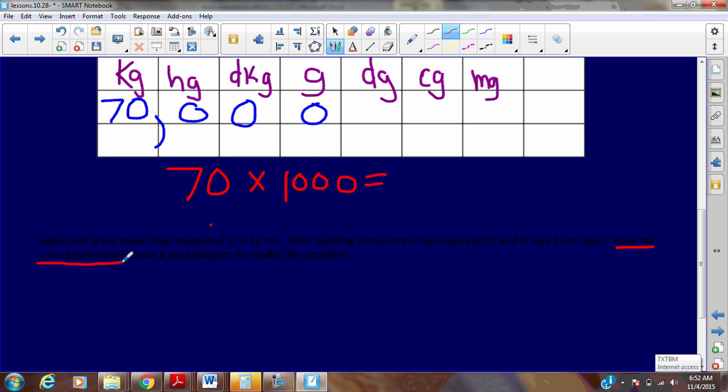So we're going to go ahead and figure that out. What do I know? I know that his tower measured 1 meter and 12 centimeters. I know that after he built it some more, that it was 3 centimeters taller. These are the things you're writing down. And the third thing that we probably know, you could say that you are supposed to draw a tape diagram to model.